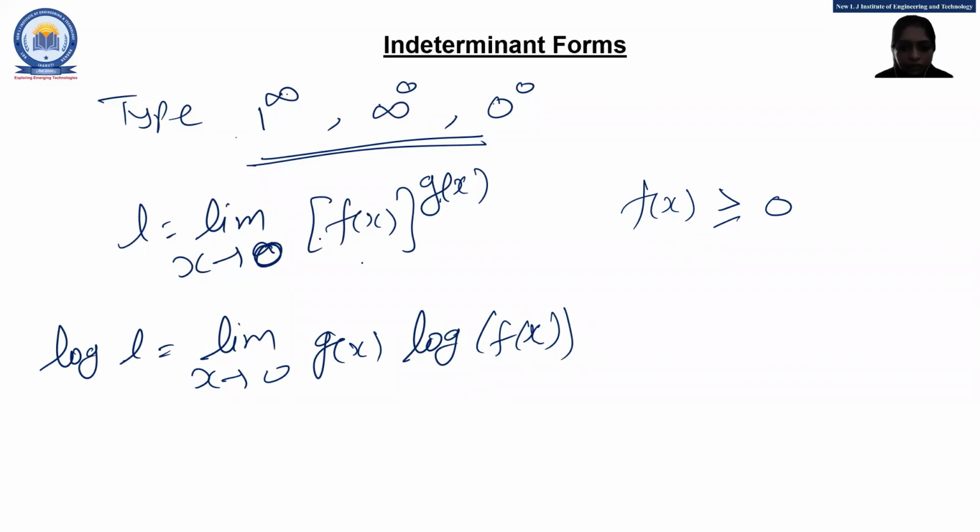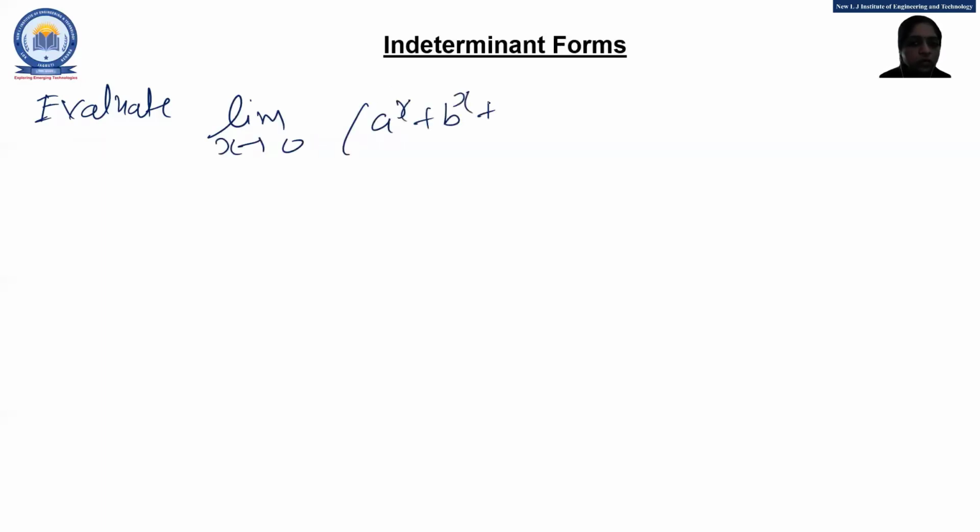Right? So let's start one example, that is: evaluate limit x tends to 0 of ((a raised to x plus b raised to x plus c raised to x) upon 3) whole raised to 1 by 3x is equal to (abc) raised to 1 by 9.